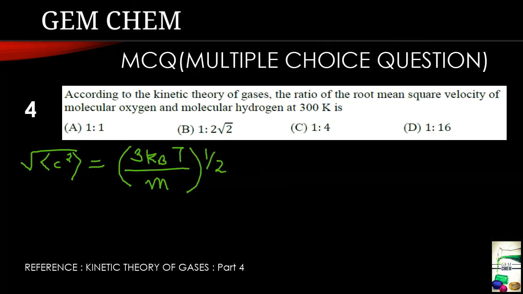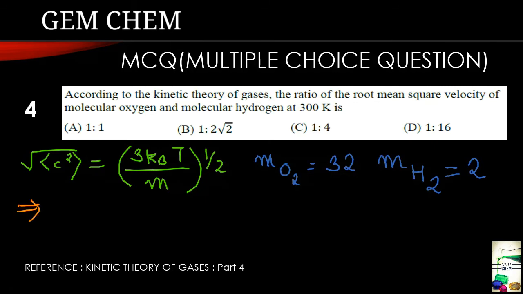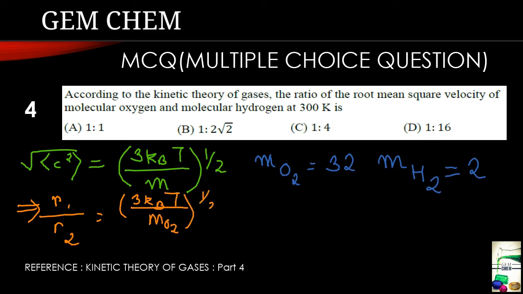Now m for O2 is 32, whereas m for H2 is 2, we know. So now here we take the ratio R1 by R2, then (3kBT/M_O2)^(1/2) over (3kBT/M_H2)^(1/2).